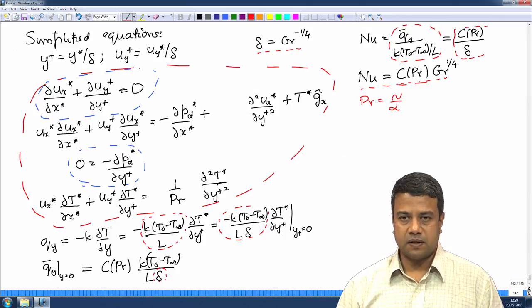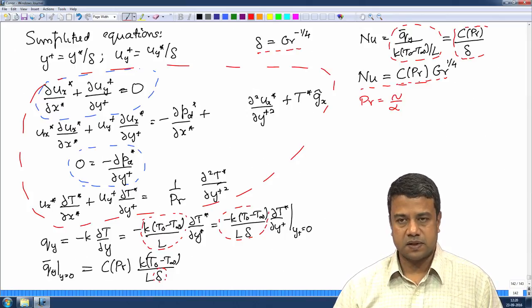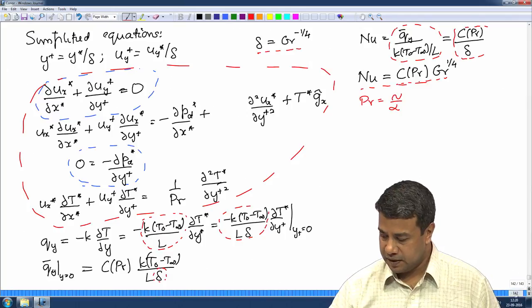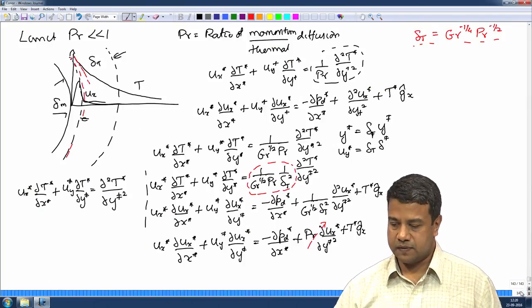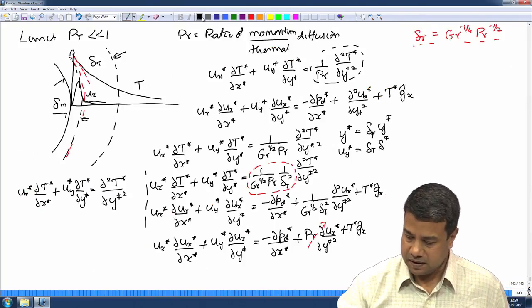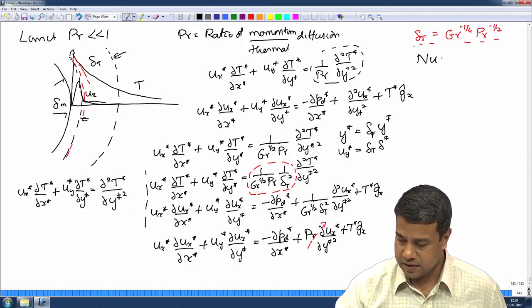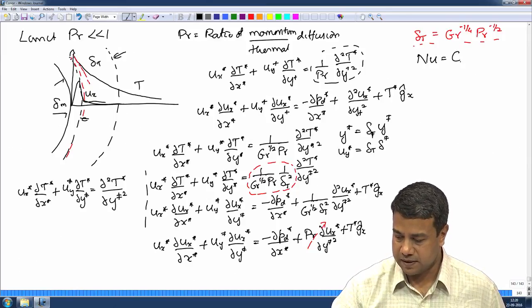When the Prandtl number we had not specified, that constant was just a function of the Prandtl number. In this case, we know what functionality of the Prandtl number it is. And this will straight away tell us that the Nusselt number has to be equal to some constant.